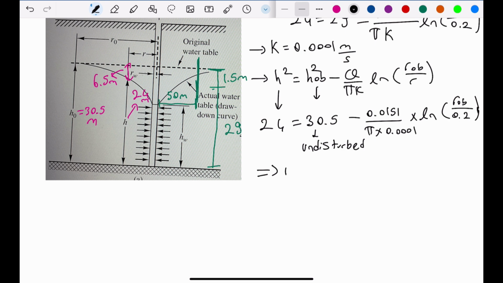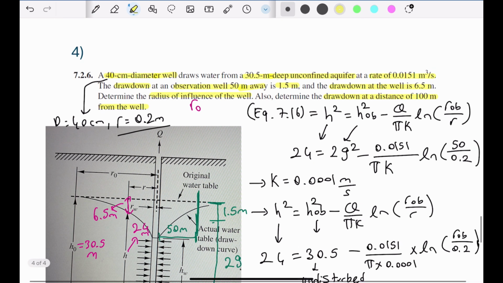So from here we will get radius of influence as 318 meters. So this answers the first question, which says determine the radius of influence of the well.